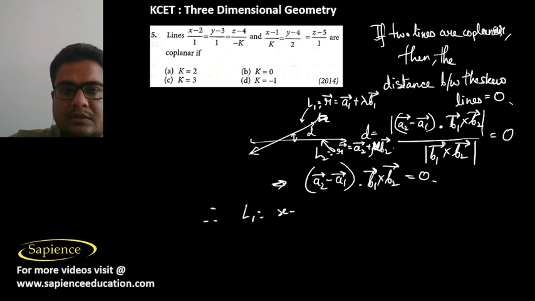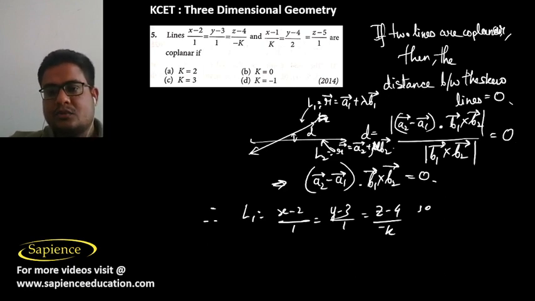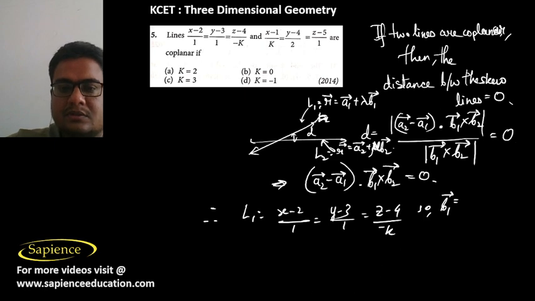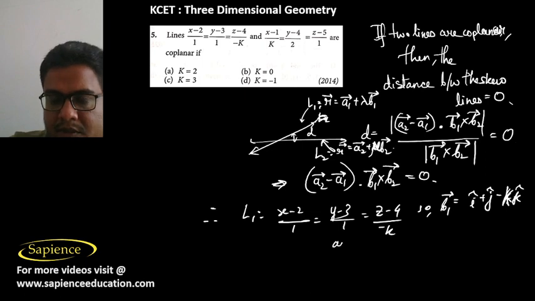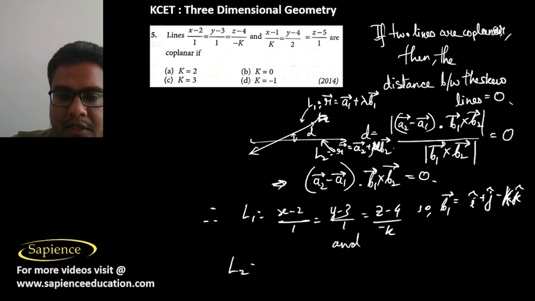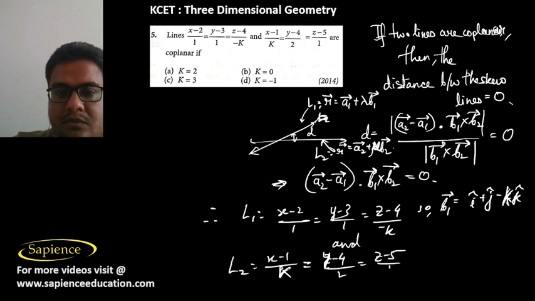Therefore here the line L1 is given as (x minus 2)/1 equals (y minus 3)/1 equals (z minus 4)/(minus 3). So b1 vector is equal to i cap plus j cap minus k cap, and the equation of the line L2 is given as (x minus 1)/k equals (y minus 4)/2 equals (z minus 5)/1.